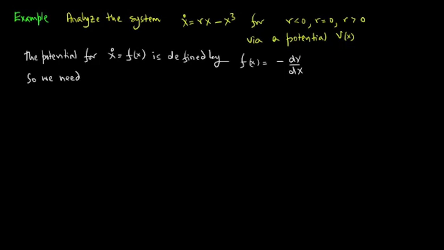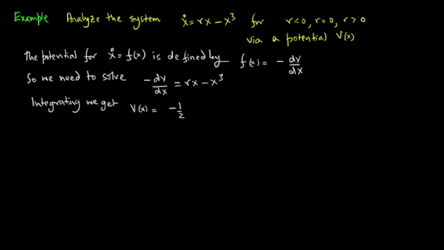So we need to solve minus dV/dx is equal to rx minus x cubed. So we integrate to get V of x is equal to minus a half rx squared plus a quarter x to the 4, where we have neglected the constant of integration.